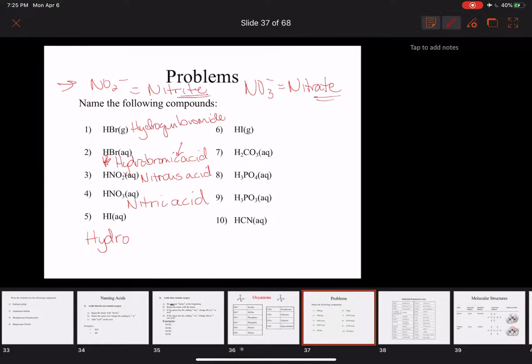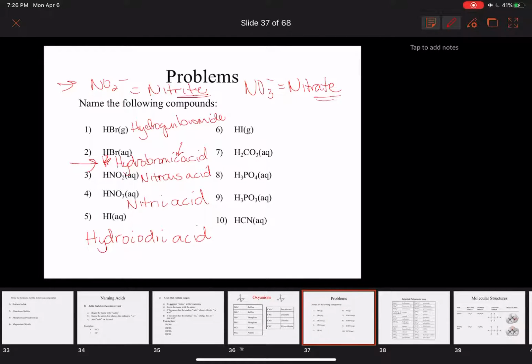So we have hydro something, and the anion is iodide. We take the "ide" off the end and add ic acid. So this is hydroiodic acid. Just like HCl was hydrochloric acid, HF was hydrofluoric acid, HBr was hydrobromic acid, HI is hydroiodic acid.